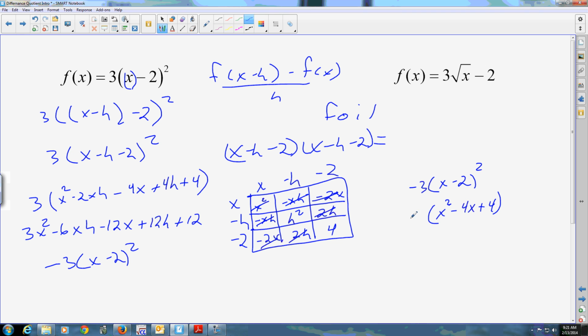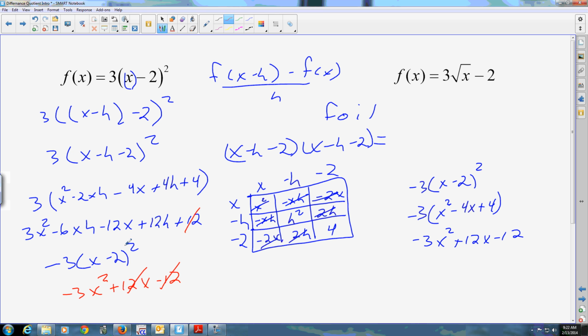Now it's all times negative 3. So minus 3x squared plus 12x minus 12. I have to subtract all that, so the subtraction symbol is already there: minus 3x squared plus 12x minus 12.